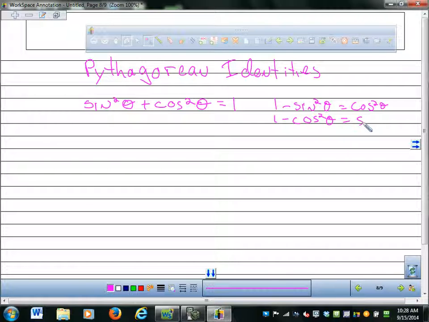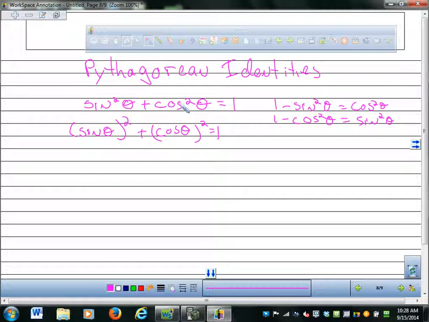Another confusing thing is that when I write sine squared theta, this means sine of theta squared plus cosine of theta squared equals 1. It's just a shorter notation.